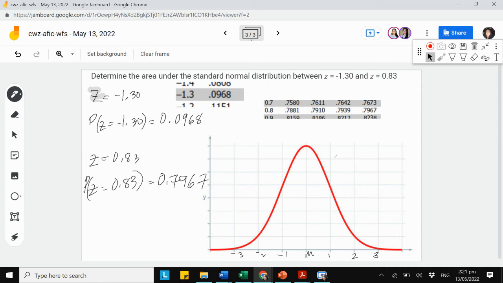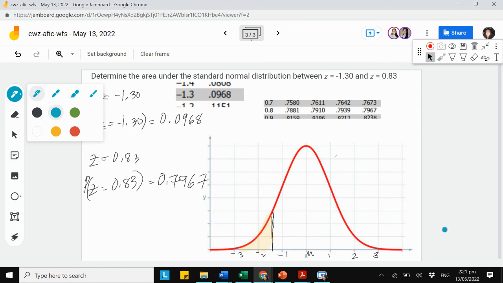So, z is negative 1.30. So, this is the area of the 1.30. Okay, so somewhere here, which is this particular part. Okay, yan. So, itong part na to. Okay. And then the other one is yung area ng 0.83.